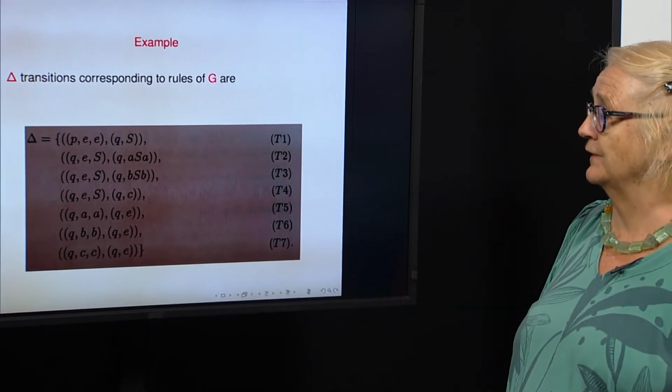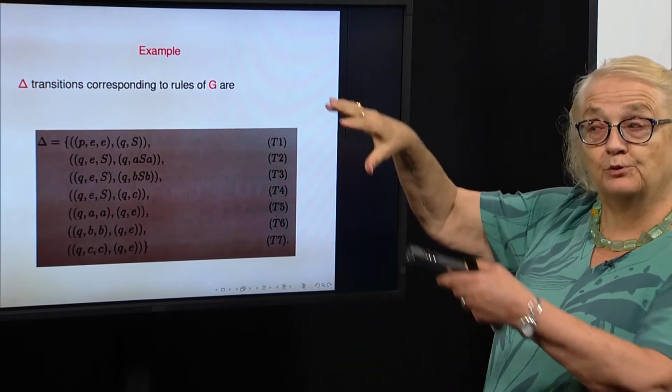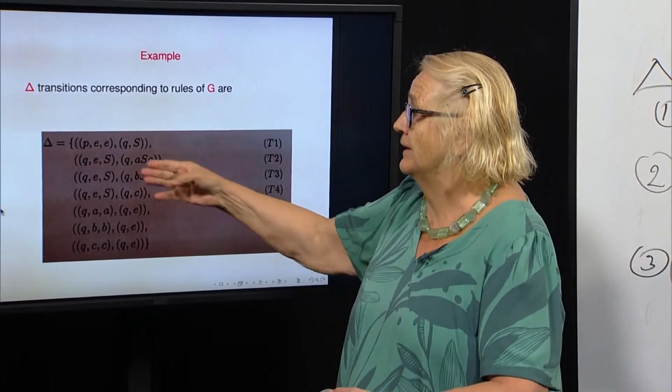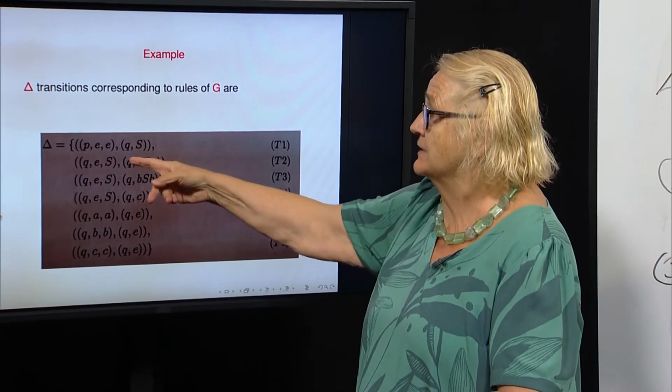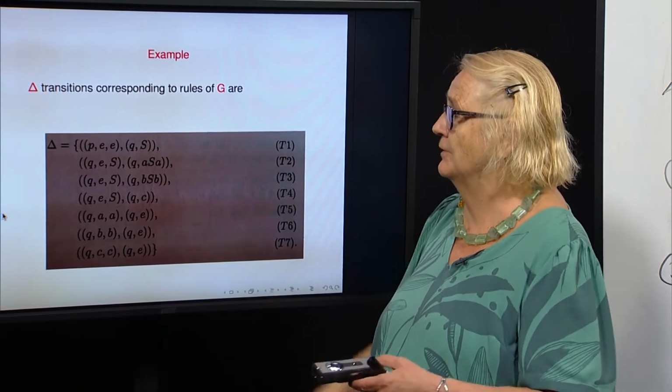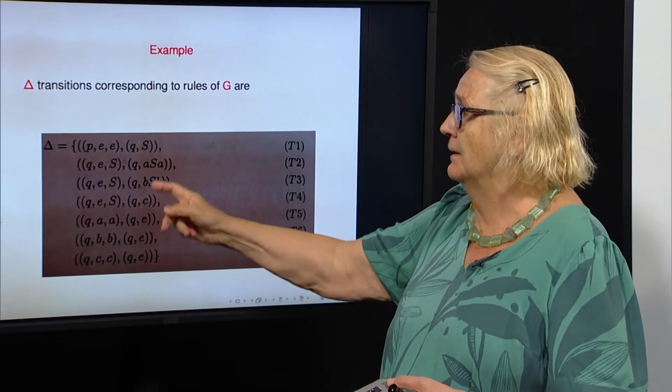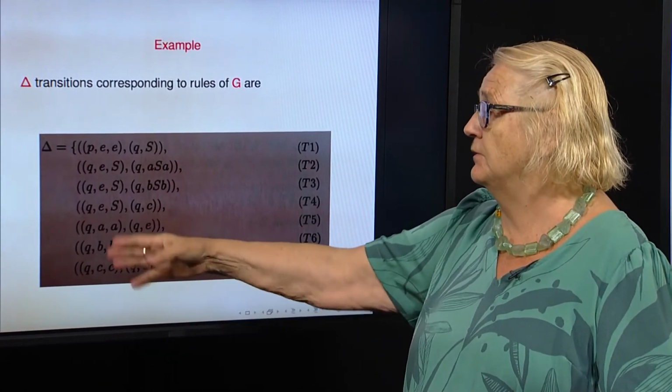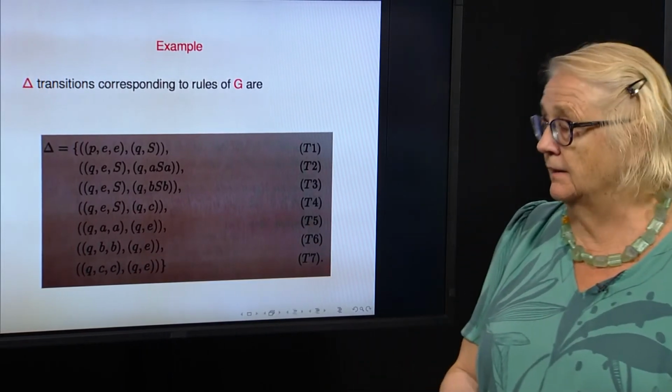So you have the rules of the grammar, and then you just put all those rules of the grammar on this. You see, you replace S on the stack, and then you keep removing.